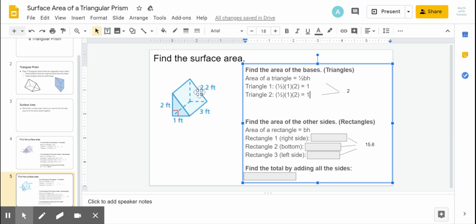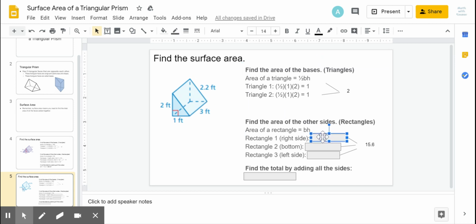Here is one rectangle, here is another rectangle, and here is another rectangle. We are first going to start with the rectangle on the right. I consider this to be the right side, but you don't have to call it that. You could call it rectangle 1, or whatever. The dimensions are 2.2 and 3. When you multiply 2.2 times 3, you end up getting 6.6.